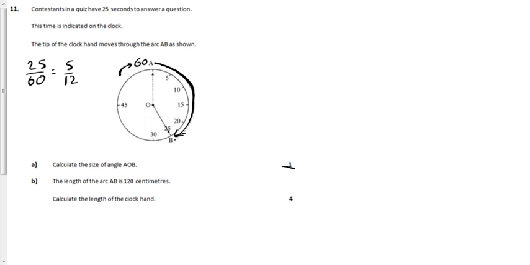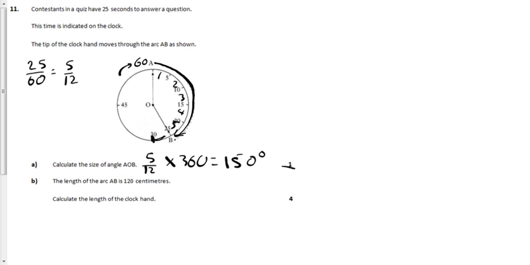Another way to think about it is I've got 1, 2, 3, 4, 5 divisions there, and the clock would be split up into 12 divisions. So the size of the angle is going to be 5/12ths of 360, which you can type into your calculator as 5/12ths times 360. That'd give 150 degrees. Makes sense, it's a bit less than a half turn.